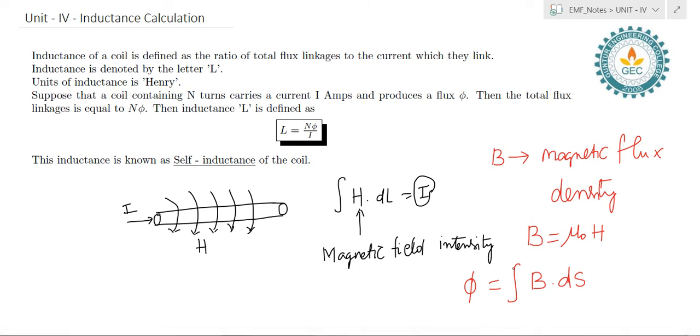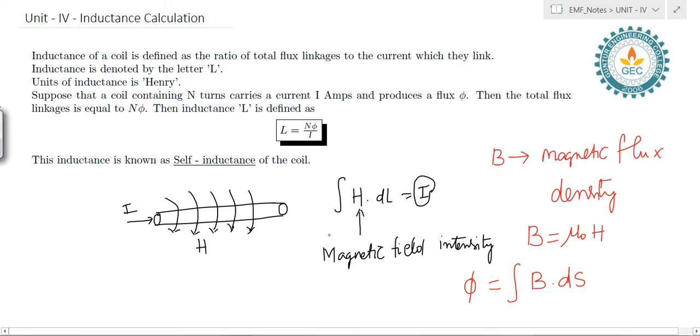Now we define the inductance of a coil. Inductance is the property exhibited by a current carrying conductor.